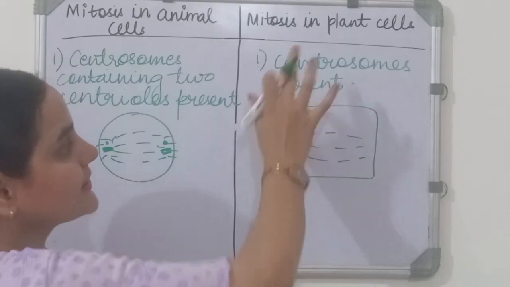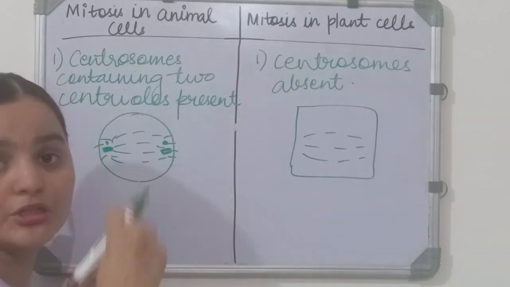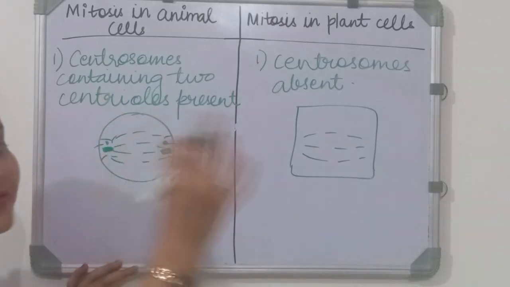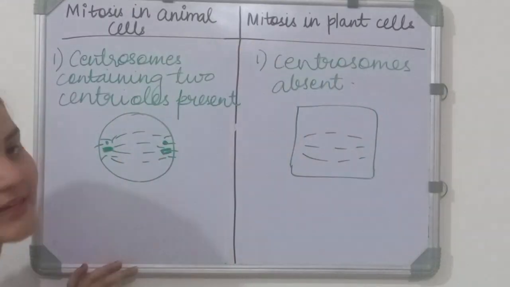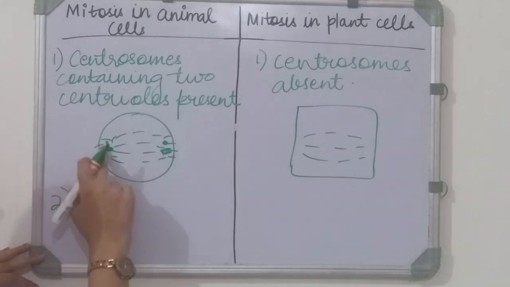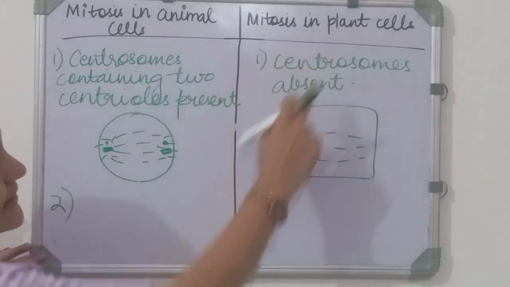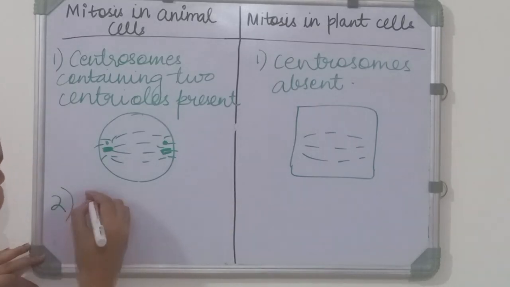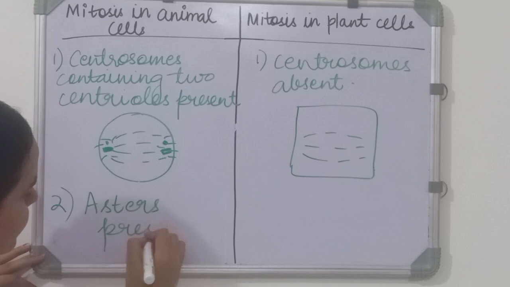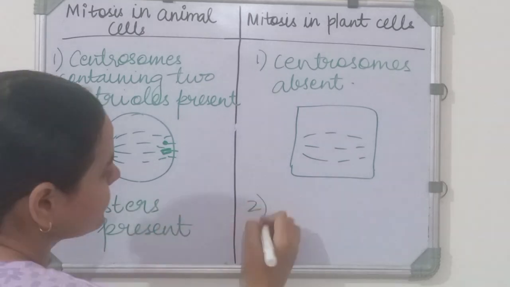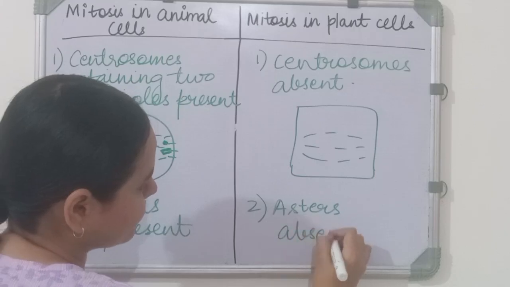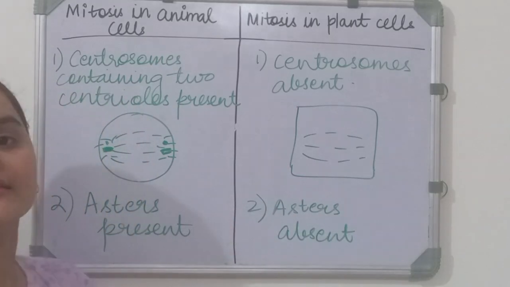These spindle fibers in plants are formed due to microtubules present in the plant cell. So this is the first difference. Now, the second difference is that aster rays are present in animals and absent in plants. Okay.